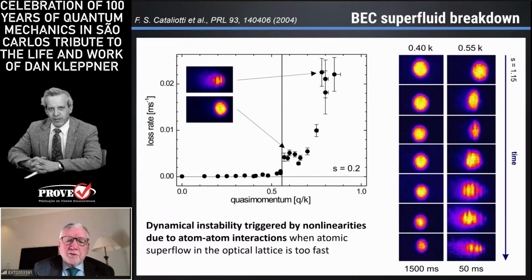When we go faster than a certain limit, then there is a dynamical instability, which is triggered by a nonlinearity. So essentially, we have the breakdown of superfluidity, and the system becomes unstable and chaotic.